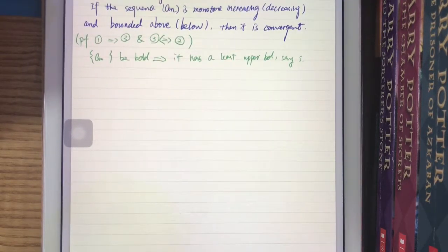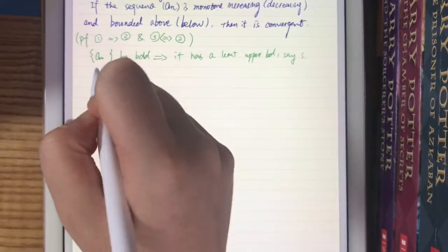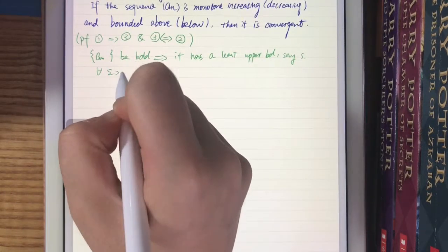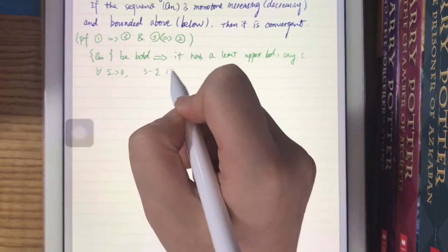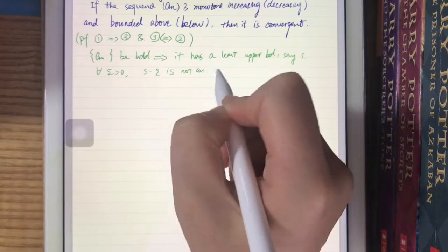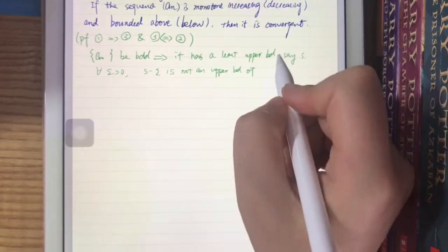And since S is the least upper bound, then for any epsilon larger than 0, S minus epsilon is not an upper bound, right?